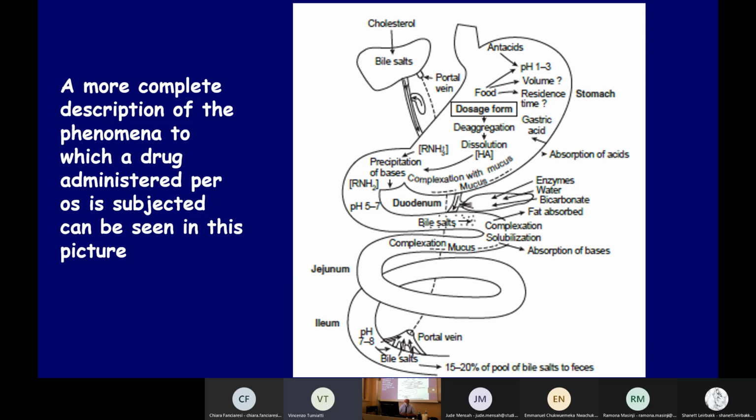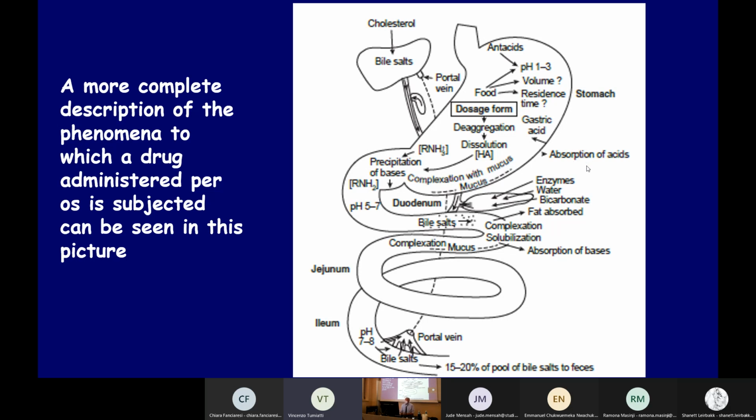This means that hydrochloric acid is able to attack the cells of the stomach to form ulcers and blood problems and so on. So you can see the complex situation inside our stomach.